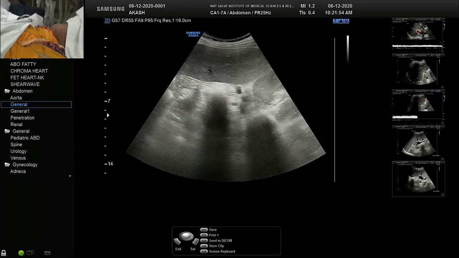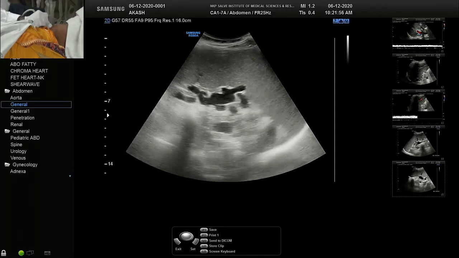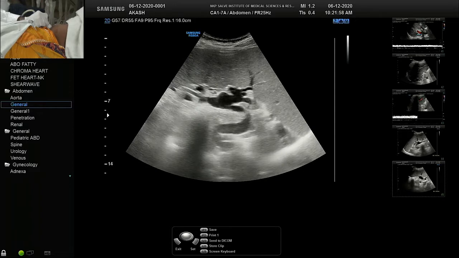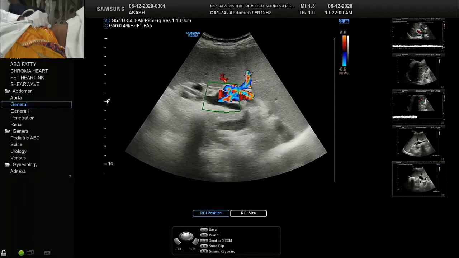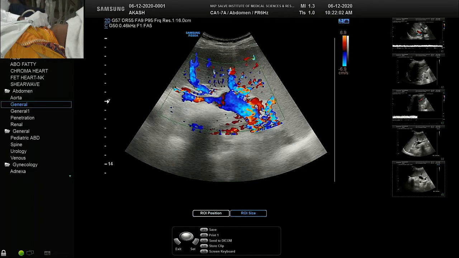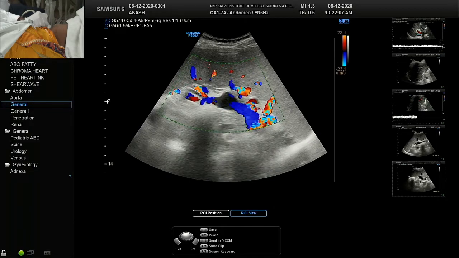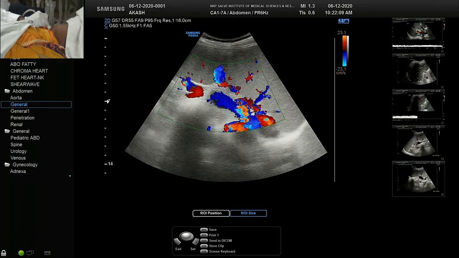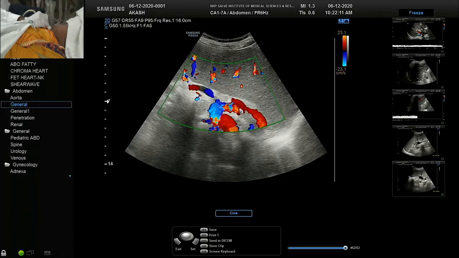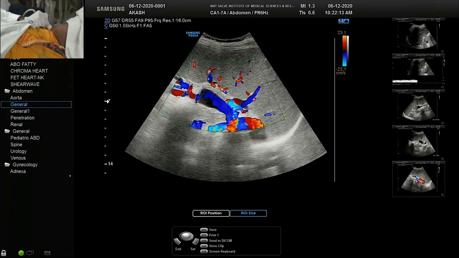See, there are multiple collaterals also at the splenic hilum. If you can appreciate, we'll put a color. We'll see them all filling up. I'll just increase the PRF. So there are collaterals here.